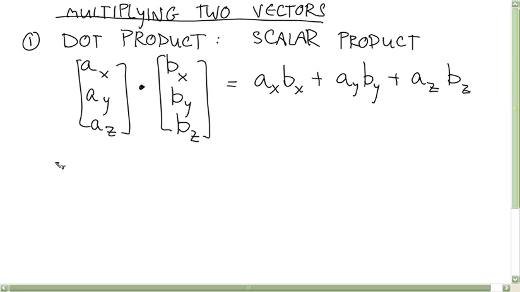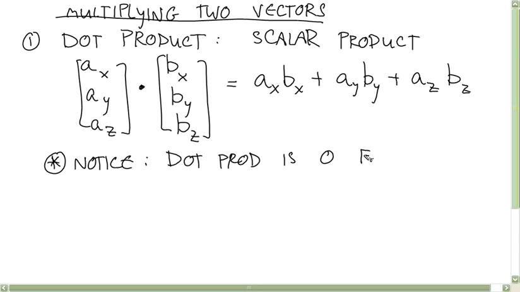And notice the dot product is 0 for 2 perpendicular vectors.